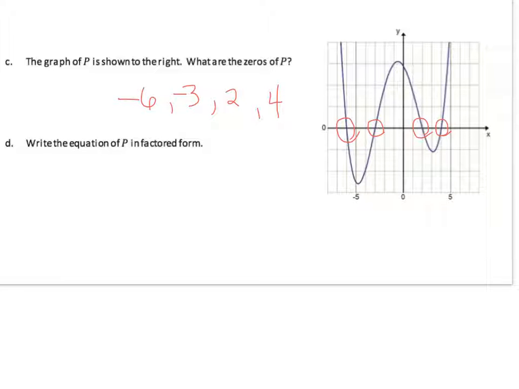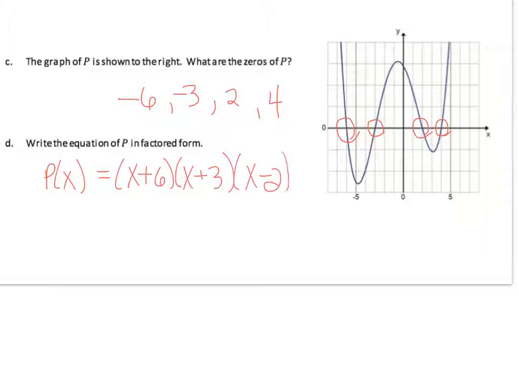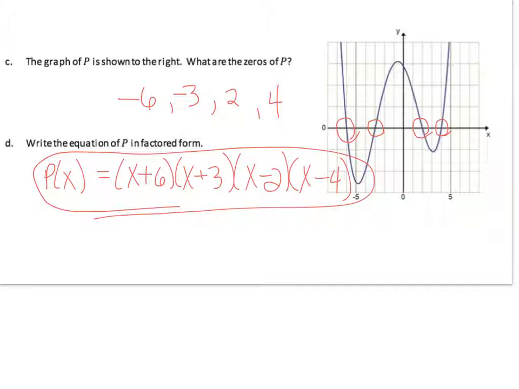Negative 6, negative 3, 2, and 4. So write an equation of p in factored form. I love these questions, as long as you can remember to flip your sign. Those are the best. Okay, we're definitely a 4th degree.